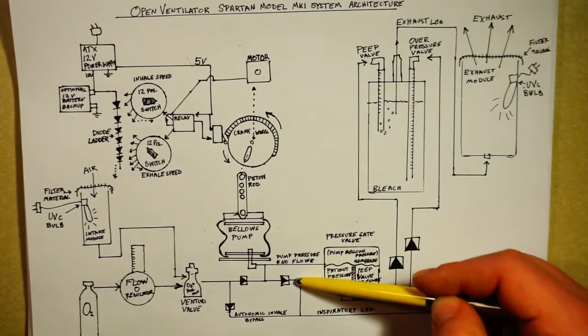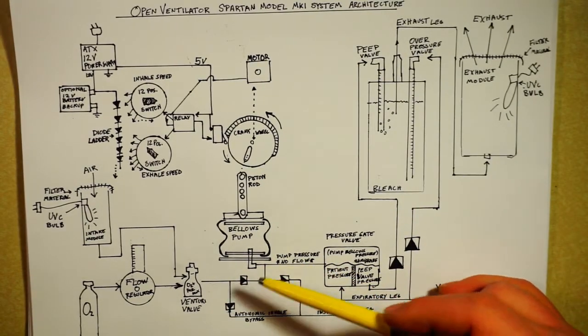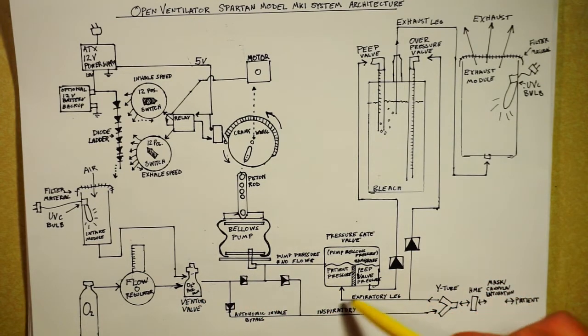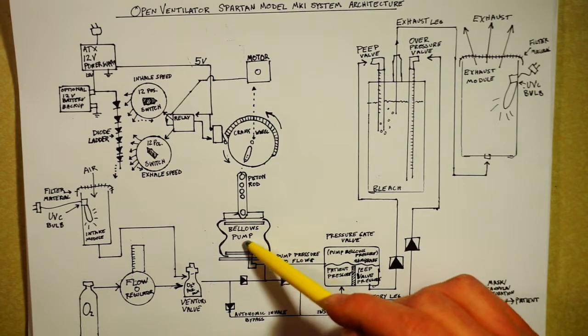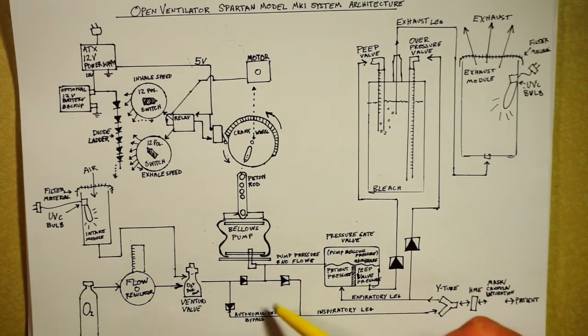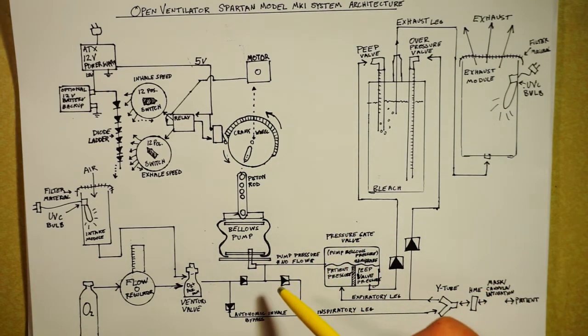In my symbology, on these check valves, the arrow is the direction of flow. So air can come through this way and it can come through this way, but it cannot be sucked from the patient back into the pump, right? We don't want to recirculate the air in and out of a patient. That would lead to too much CO2 buildup.